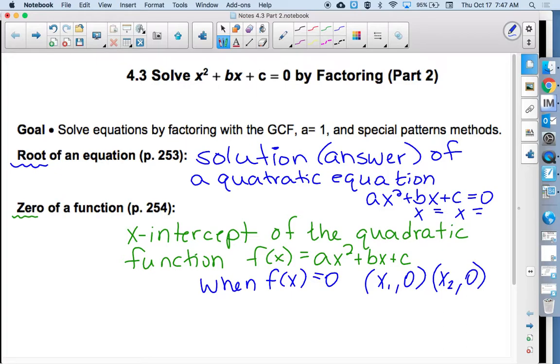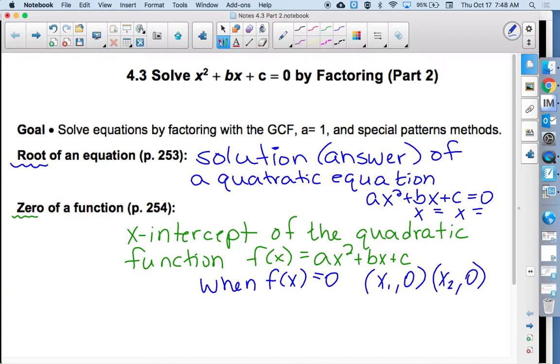A 0 is a point because it's an x-intercept on the graph. It's where the graph crosses the x-axis. So we write an intercept or a 0 differently than I would write a root or a solution, but you're doing it the same way. Essentially they mean the same thing, it's just that you're writing your answer slightly differently.